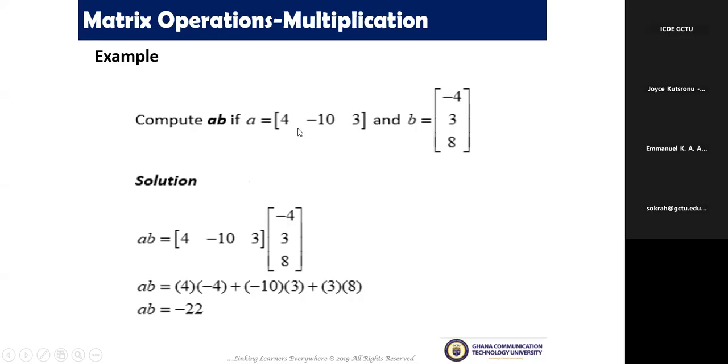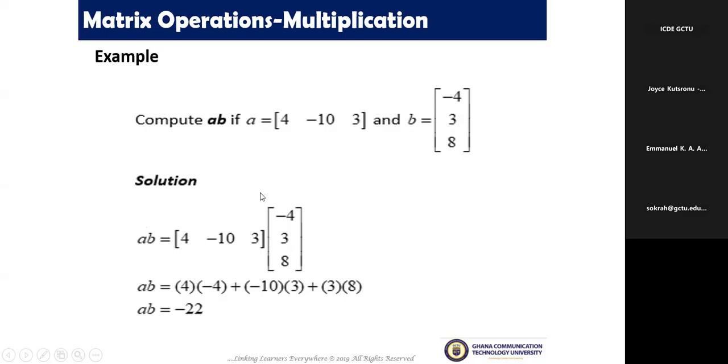Now, the key thing is we are multiplying this row matrix by this column matrix. So AB is what you see here, A times B. Before you multiply, what did we say? You have to transpose the first one, the A. If you transpose it, it means it is lying down and you are lifting it up.